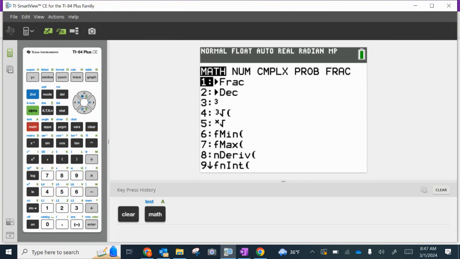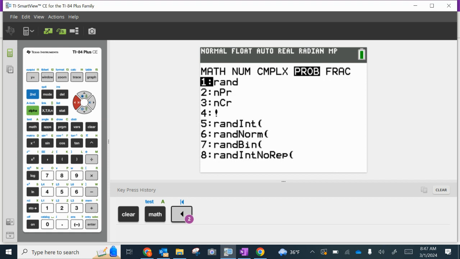So I'm going to hit the math button. And do you see this column here that says probability? I like to go to the left because it's fewer taps than to the right. Only one, but still. And in my probability menu, do you see any of the notations I just said that were equivalent?